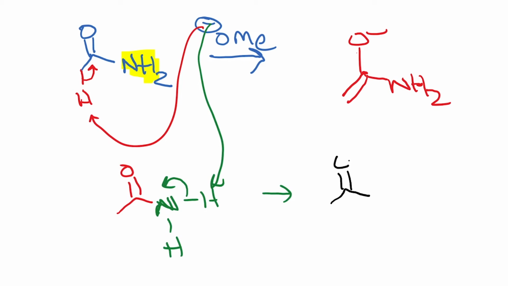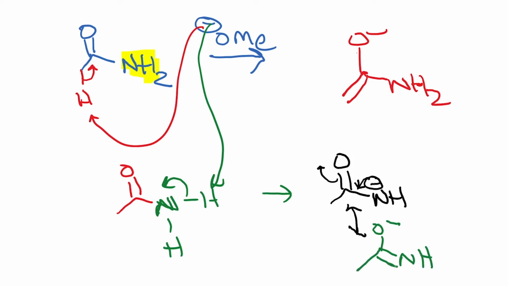So you have C double bond O NH minus. One of the reasons why this is stable is that it can delocalize and produce the resonance form as shown here, which is basically O minus, double bond NH, and CH3.